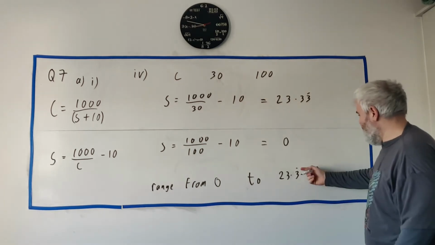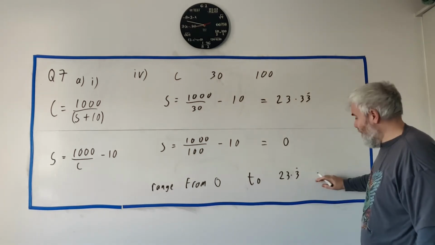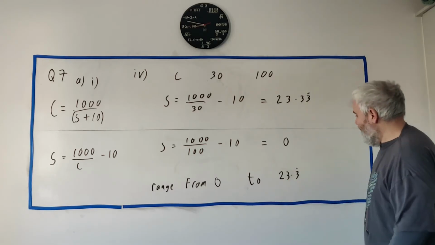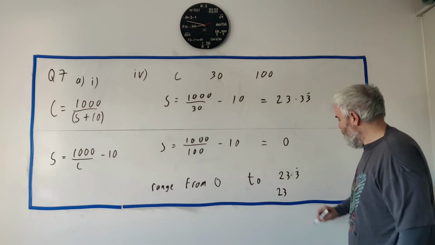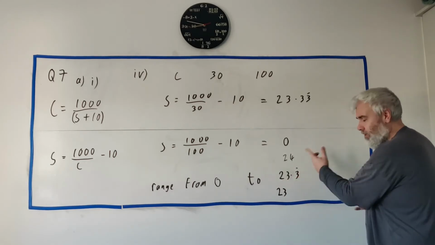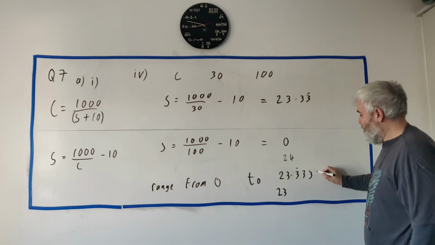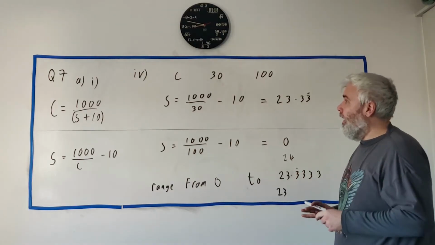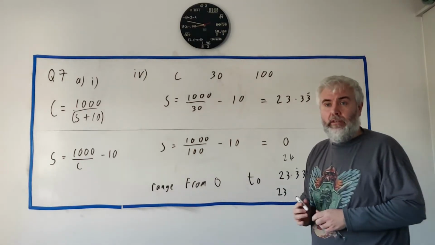Something like that. It'd be okay if you wrote 23.33 or even just 23.3. I think 3 significant figures is usually enough. They take marks away if you wrote 23 just, or 24. But 23.3 you'd be fine, but put in as many as you want. Okay, so that's part A, and we'll go on and do part B.